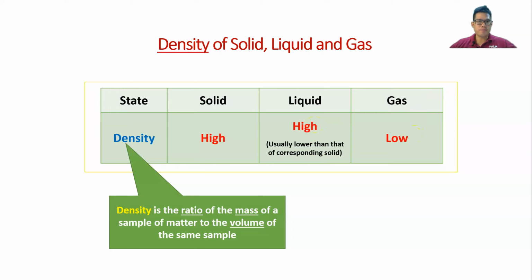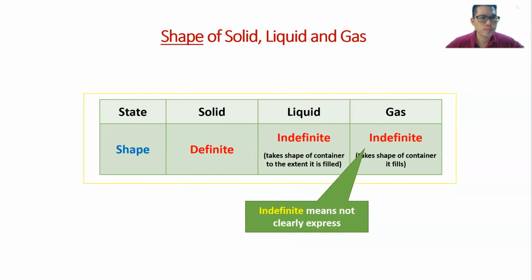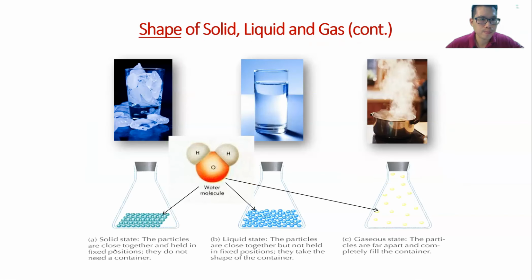Density is how many molecules are in a set volume. For shape, solid is fixed, so you cannot change it. Liquid depends on the container. Gaseous takes the shape of the container.